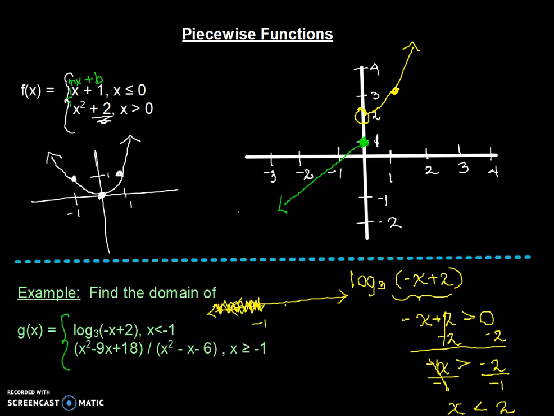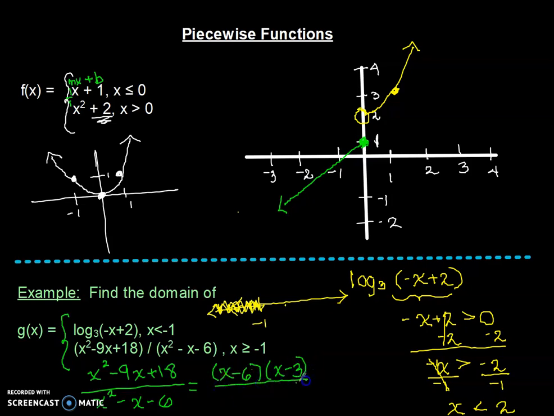Now for the second one, I have x squared minus 9x plus 18 over x squared minus x minus 6. Now, I'm going to factor both the numerator and denominator. This will give me x minus 6 and x minus 3. And the denominator would be x minus 3 and x plus 2.